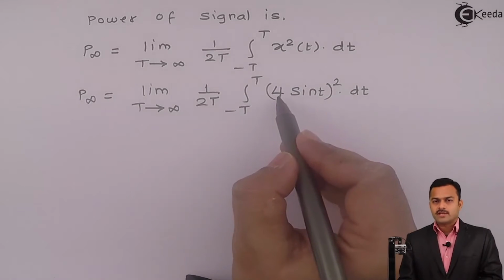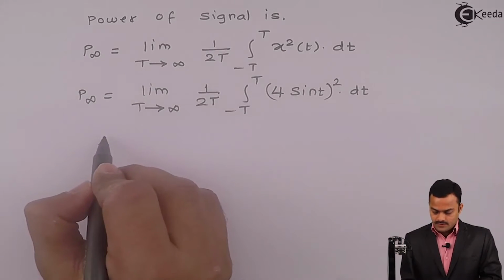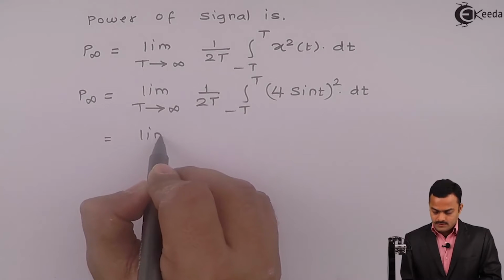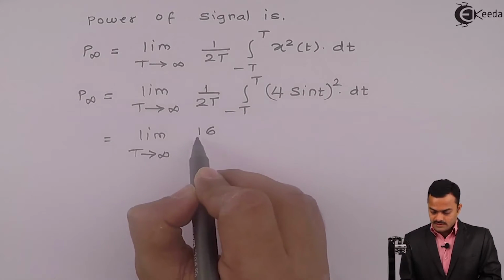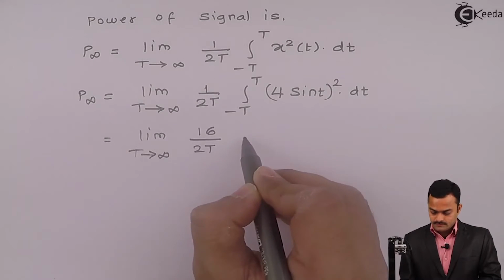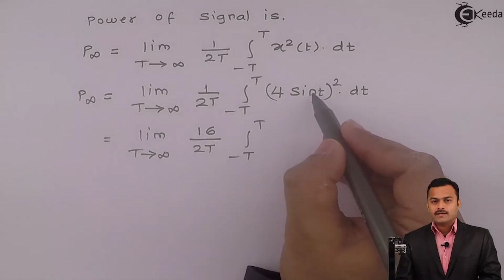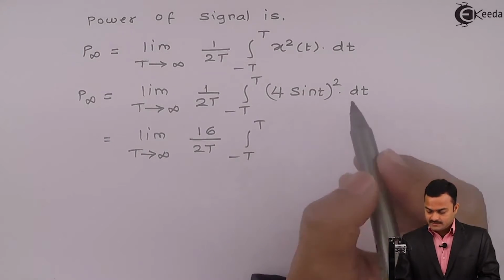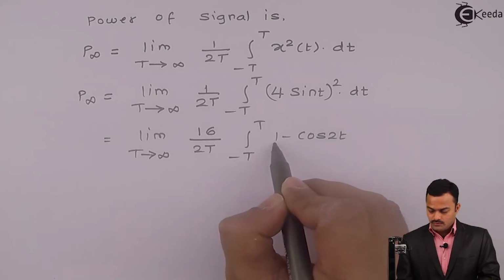This will give you the constant 4 square, which is 16, and it can come out of the integral. That is, limit T tends to infinity 16 upon 2T, and here also I am getting a sin square t, which can be represented as 1 minus cos 2t upon 2.